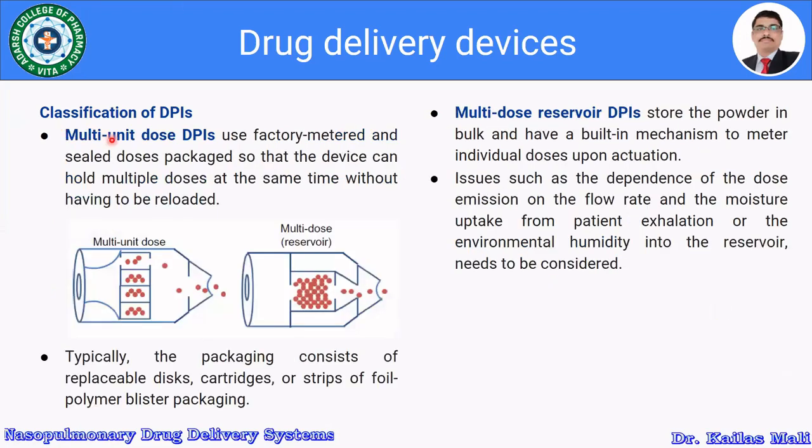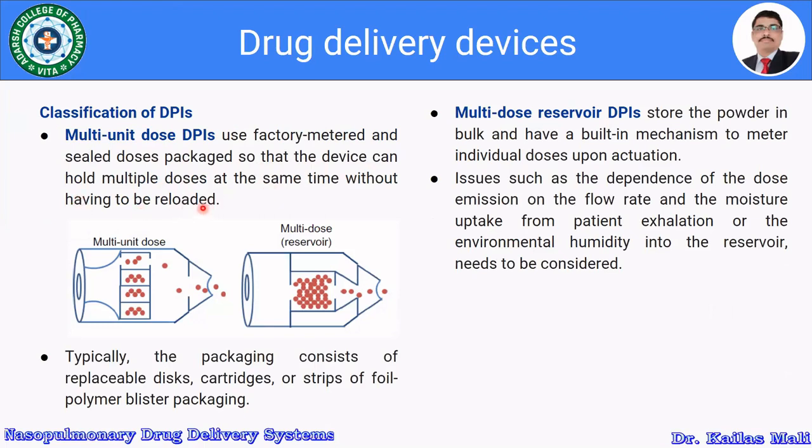Multi-unit dose DPIs use factory metered and sealed doses packed so that the device can hold multiple doses at the same time without having to be reloaded.